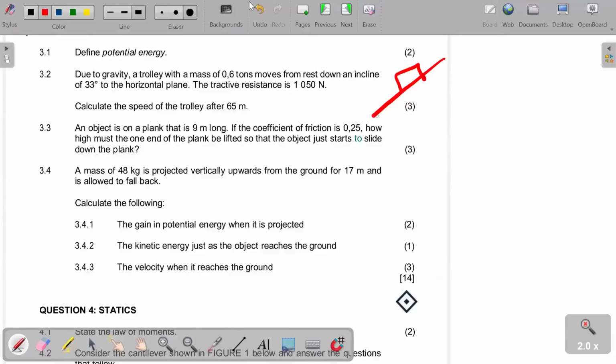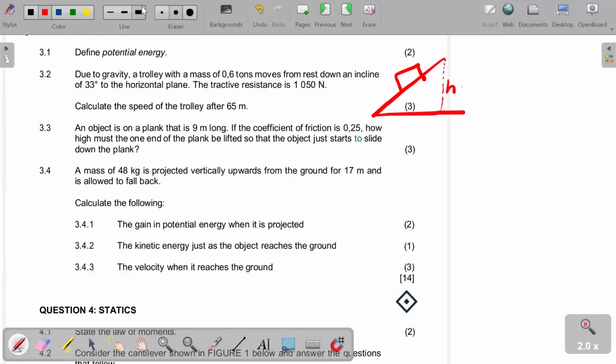As it is being lifted up, of course, there is an angle here. What we are being asked to calculate right now is this height.